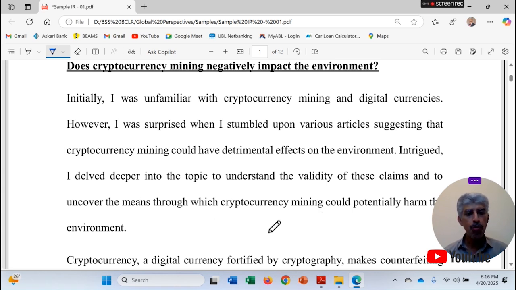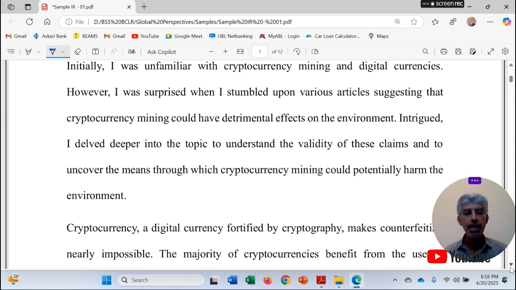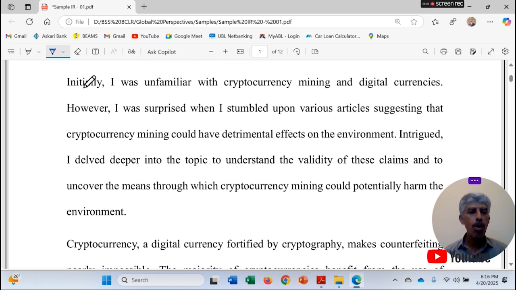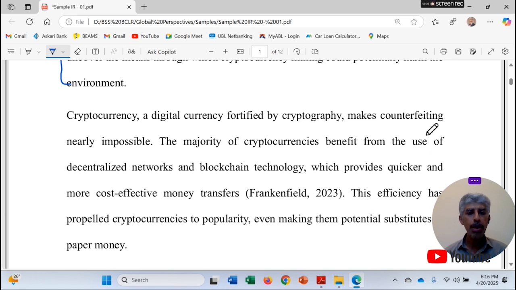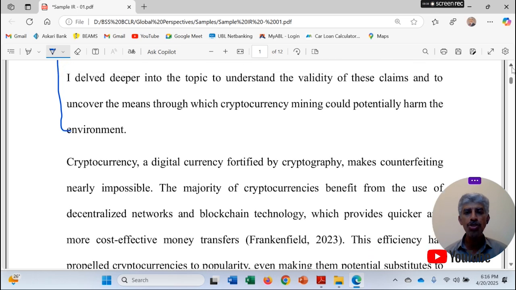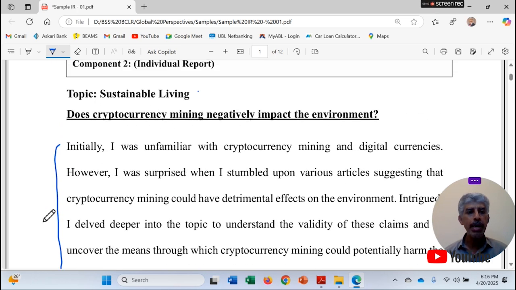Intrigued, I delved deeper into the topic to understand the validity of these claims and to uncover the means through which cryptocurrency mining could potentially harm the environment. So this is how the student has started with a single, simple, small paragraph, and then he gave the definition of what is meant by cryptocurrency.